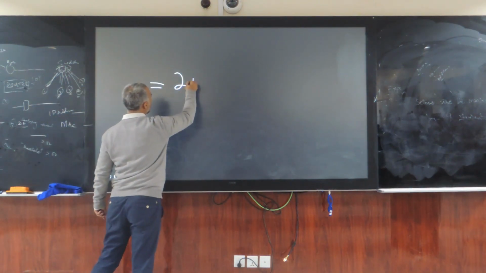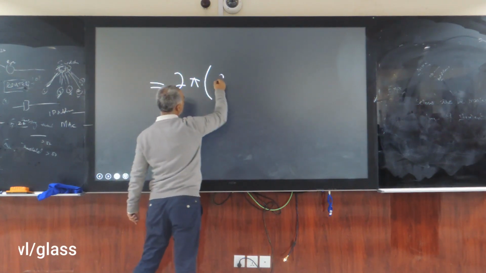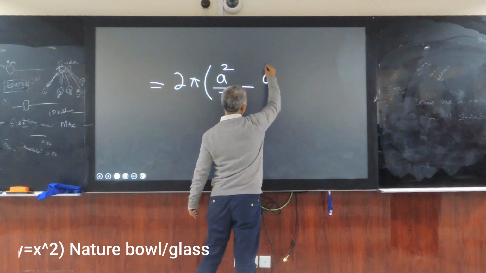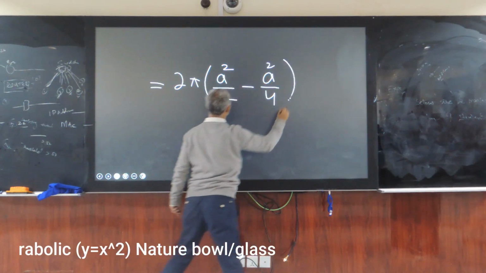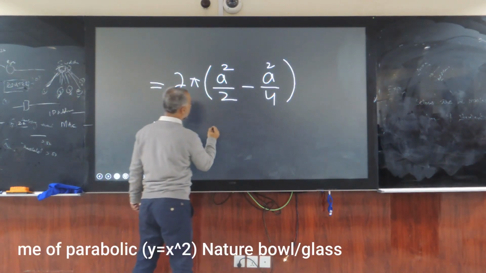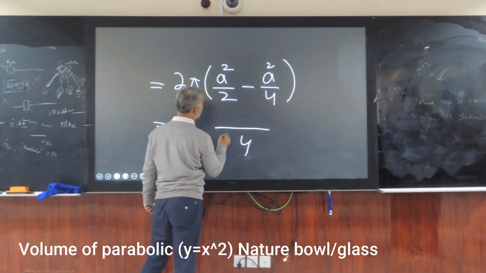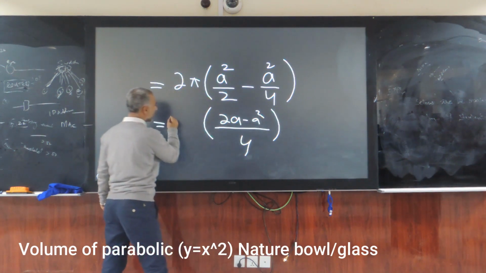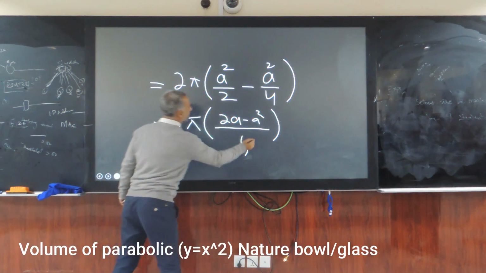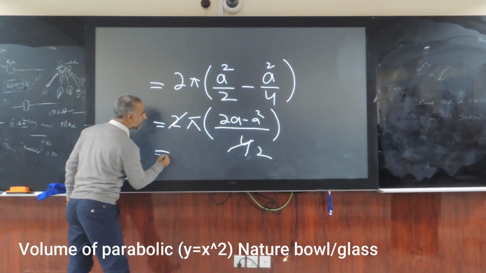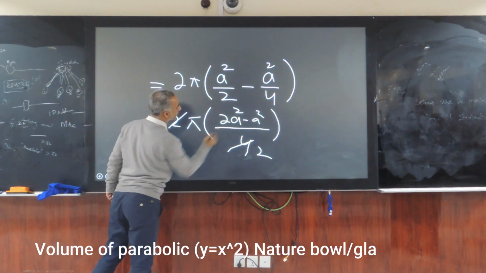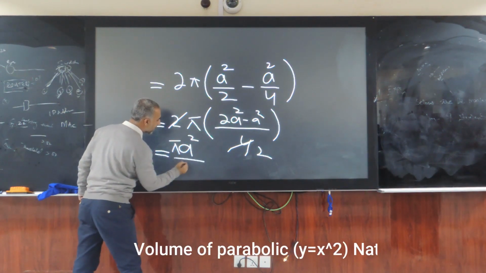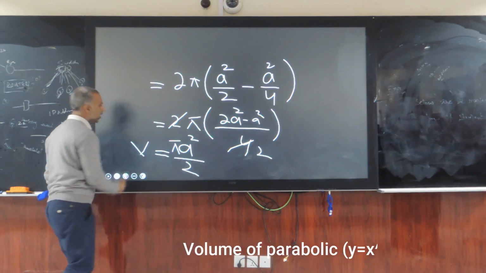Further we will have 2 pi times a square over 2 minus a square over 4. On further simplification we get 2 pi times a square over 4. So the answer is pi a square over 2. This is the volume.